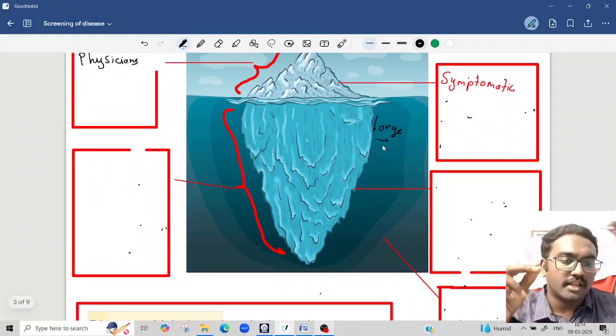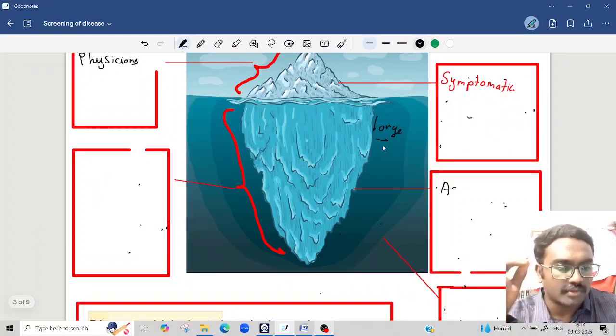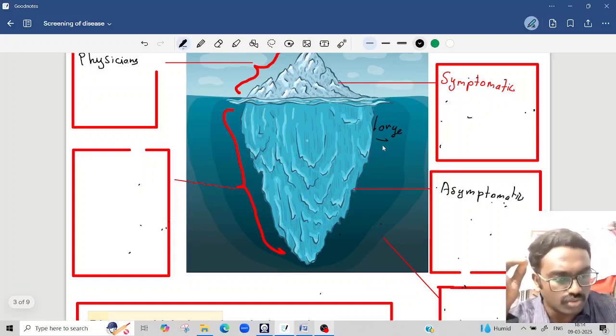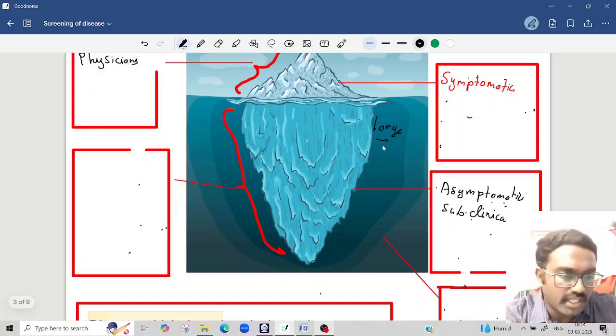number of people who are asymptomatic. These are the asymptomatic cases, also called subclinical cases, and they are also called carriers.